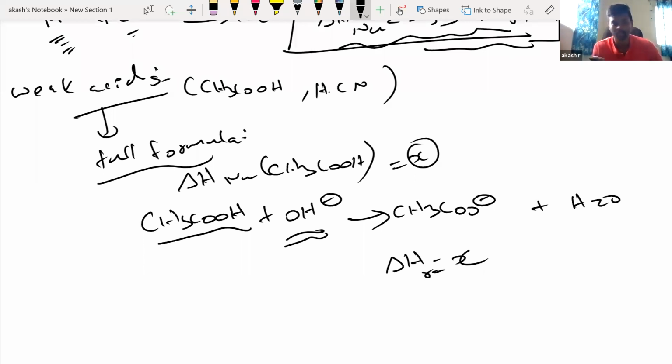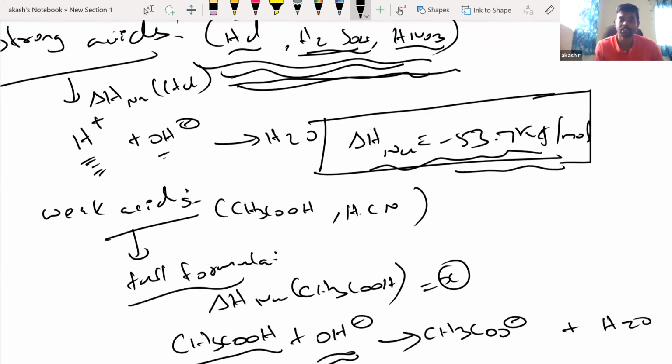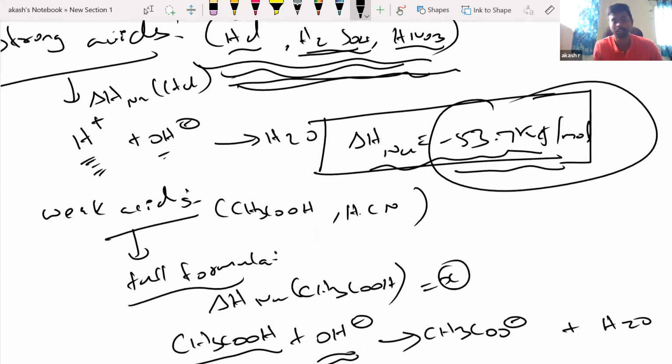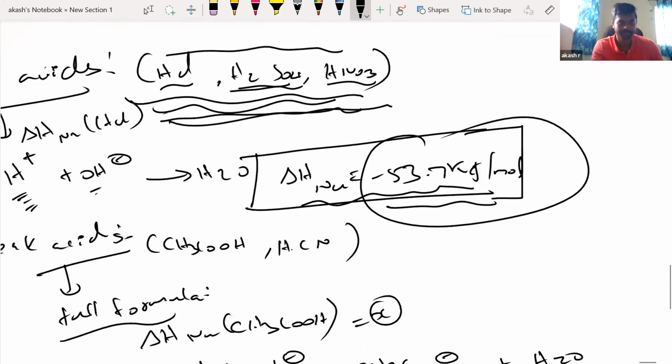For strong acids, we just write H plus irrespective of the acid, but for weak acids, we represent the full formula of the acid. And for strong acids, the enthalpy of neutralization is a constant value, minus 53.7 kilojoules per mole, irrespective of the acid. That is all about enthalpy of neutralization.